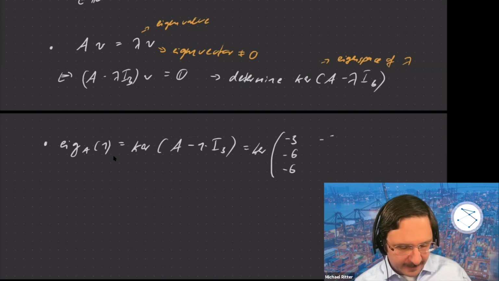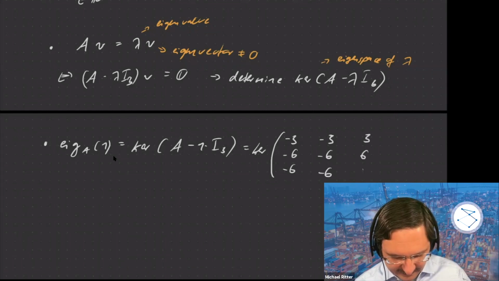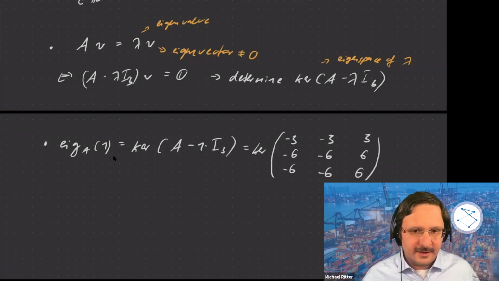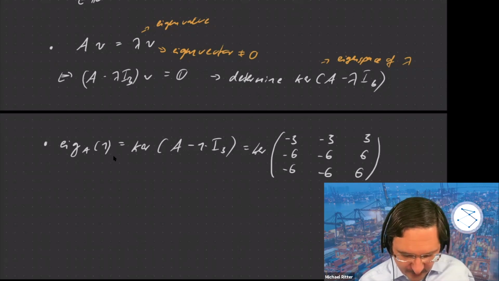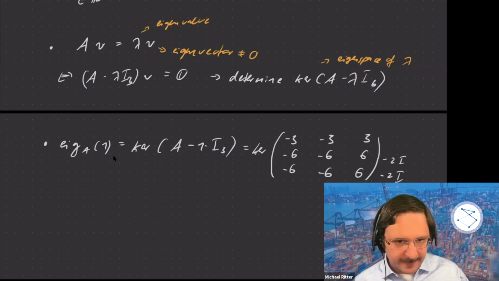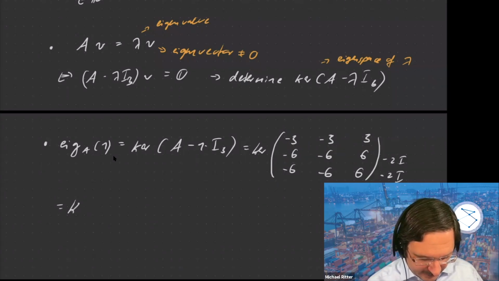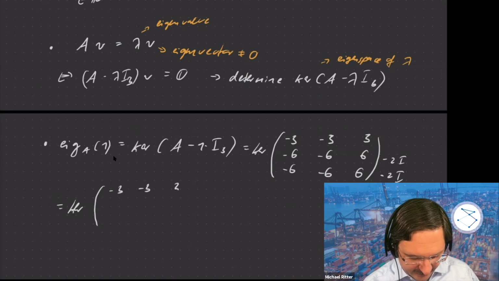Then we get -3, -6, -6. And finally 3, 6, and 6. You can already see the rows of this matrix look pretty similar. In fact, the two rows here are just 2 times the first row. So we can simply subtract 2 times row 1 here and 2 times row 1 here, and we get 0 rows. So this kernel is the same as -3, -6, -6, and then 2 zero rows.